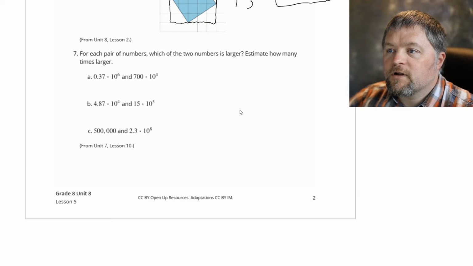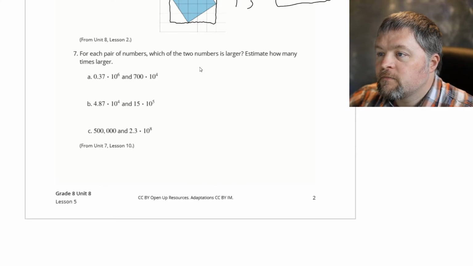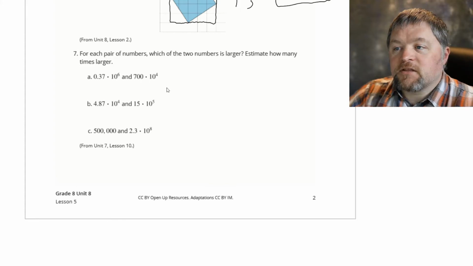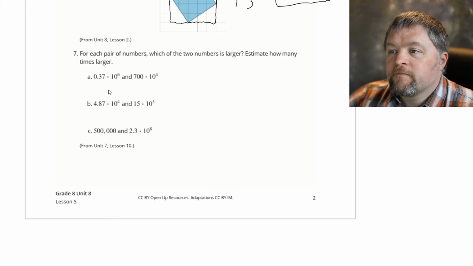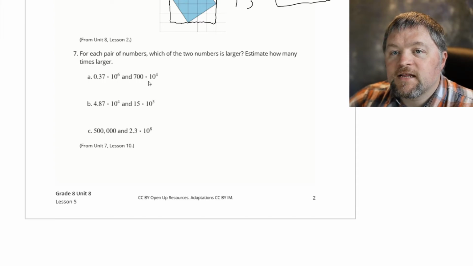Okay, for each pair of numbers, which of the 2 numbers is larger? Estimate how many times larger. Okay, so we have 0.37 times 10 to the 6 and 700 times 10 to the 4.